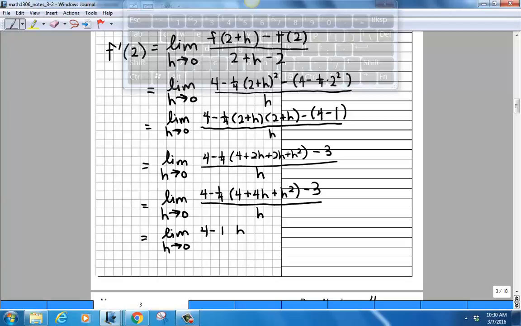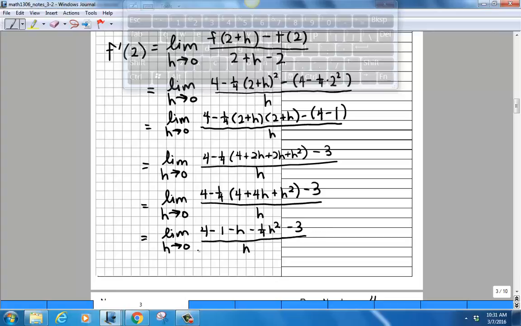So minus 1/4 times 4 is minus 1. Minus 1/4 times 4h is minus h. Okay? And then we have minus 1/4 times h squared. Well, I don't think there's much I can do with that. That's just minus 1/4 h squared, right? Okay? And then minus 3. And then all of this divided by h.